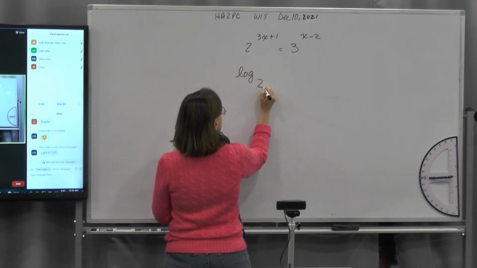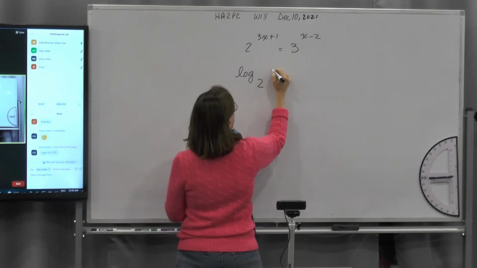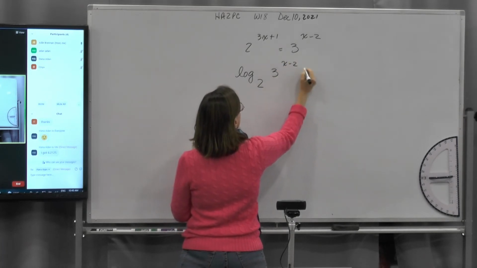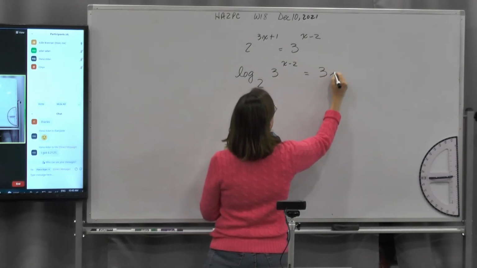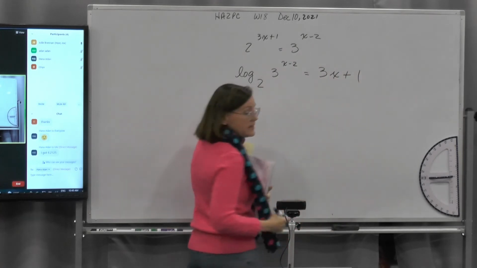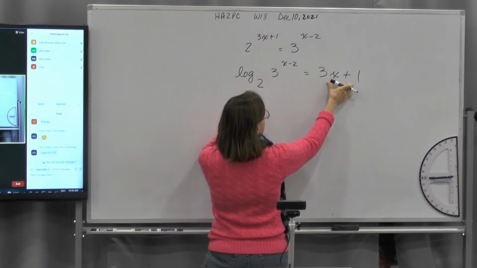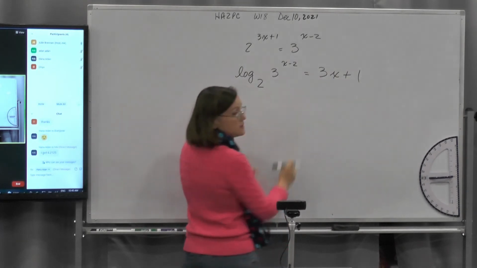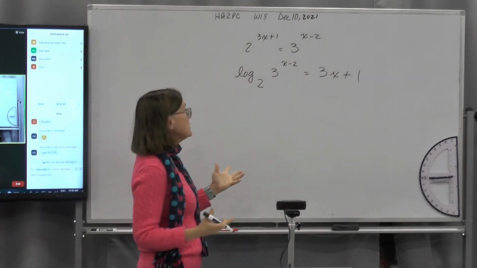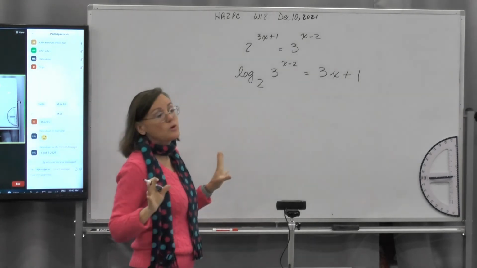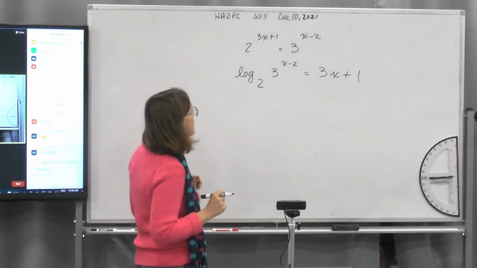Log base 2, this is my answer, is equal to the exponent. Again, go back to base, exponent, answer. All I've done, and so now I only have one log, this is my preferred way. I prefer to work with one log rather than two, okay?